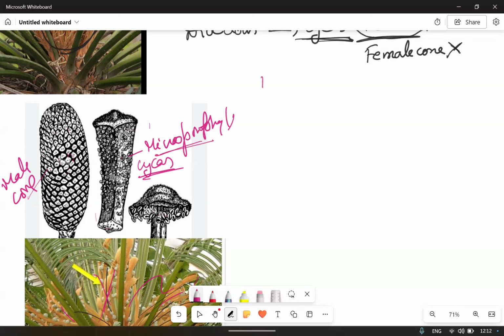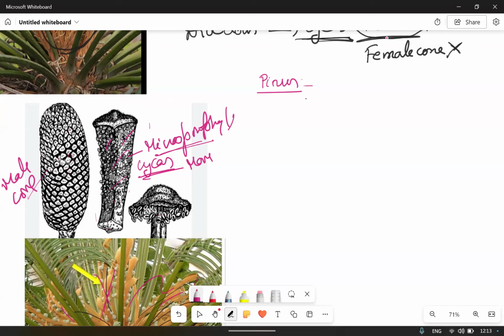And what about Pinus? Here you are seeing many microsporangia. Look, so many are there. But in the case of Pinus, means conifers, Coniferaceae, Pinus under the class Coniferopsida, Pinaceae consists of only two sporangia.